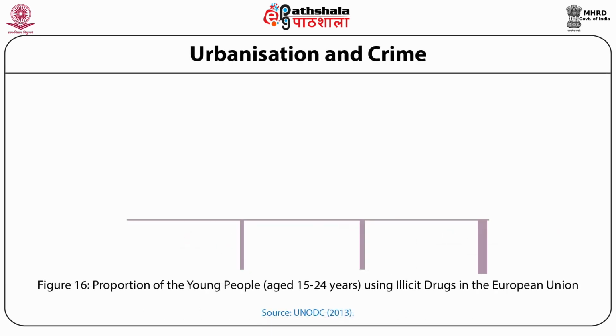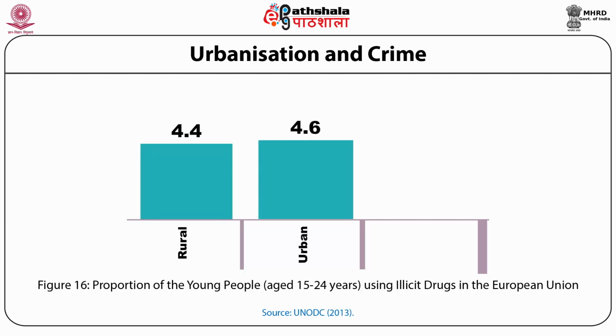Further, a survey of the use of illicit drugs by young people in the European countries shows that the proportion of young people, that is those aged between 15 and 24 years, is 4.4% in rural areas and 4.6% in the urban areas.